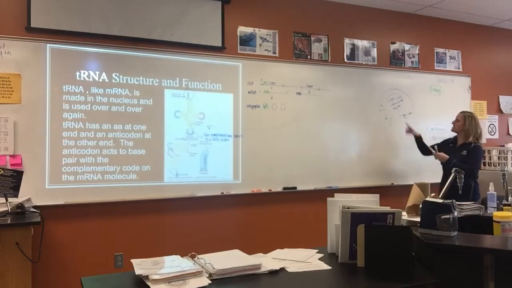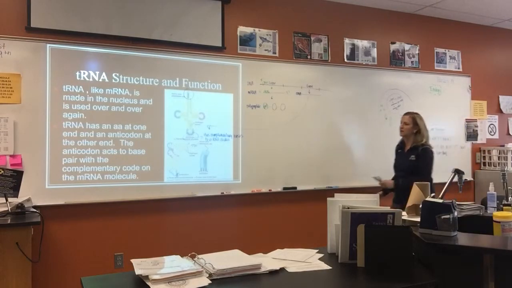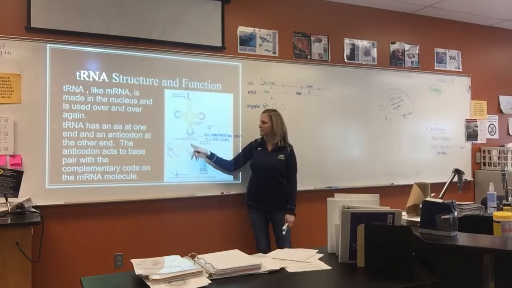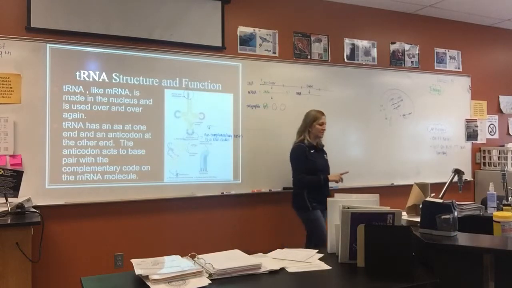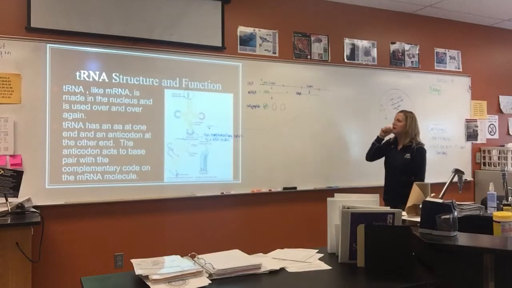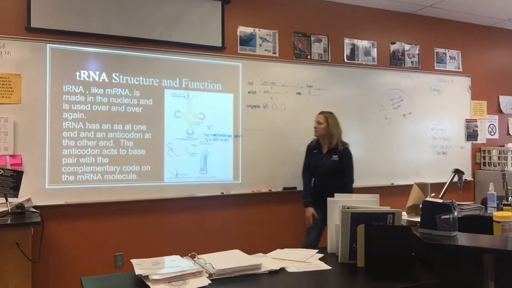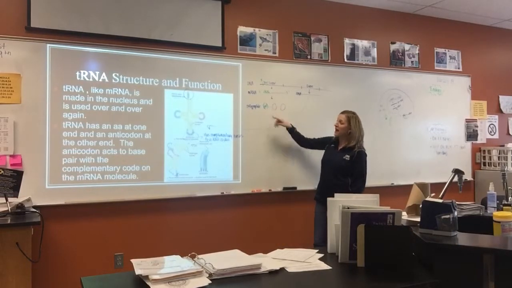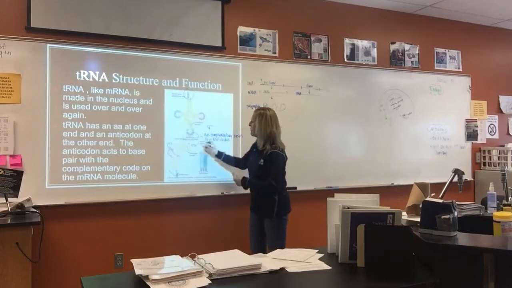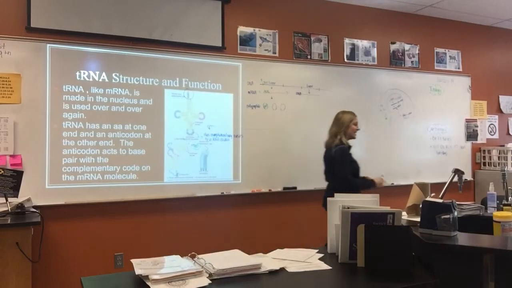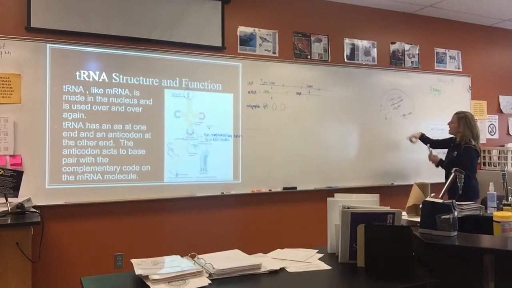This particular tRNA molecule picks up and binds to a specific amino acid. This is the amino acid attachment site, and the amino acid this tRNA picks up is methionine. This tRNA molecule with the anticodon UAC will always pick up methionine.